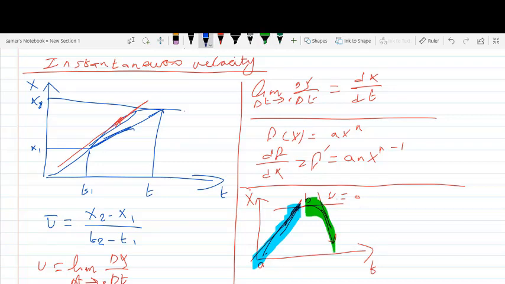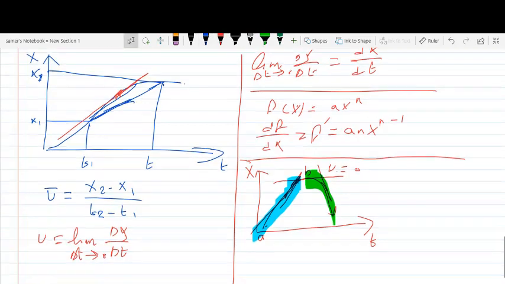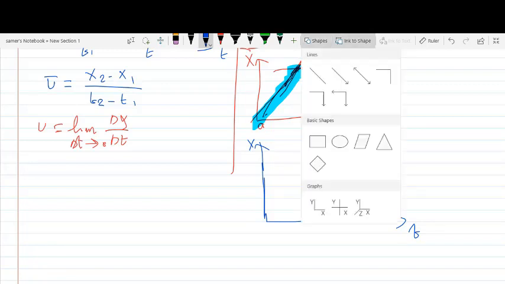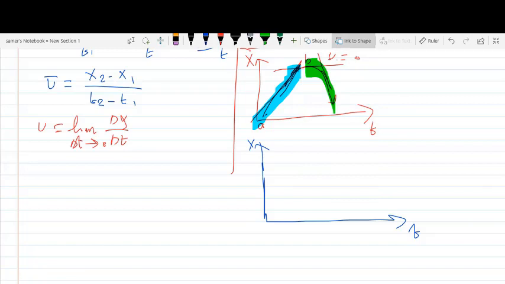Let's take another graph. For example, if we have this graph for x and t, we can see that at any point of this graph, if we find the slope of the tangent at any point, we can conclude that the slope of this tangent is equal to the slope of the line itself.